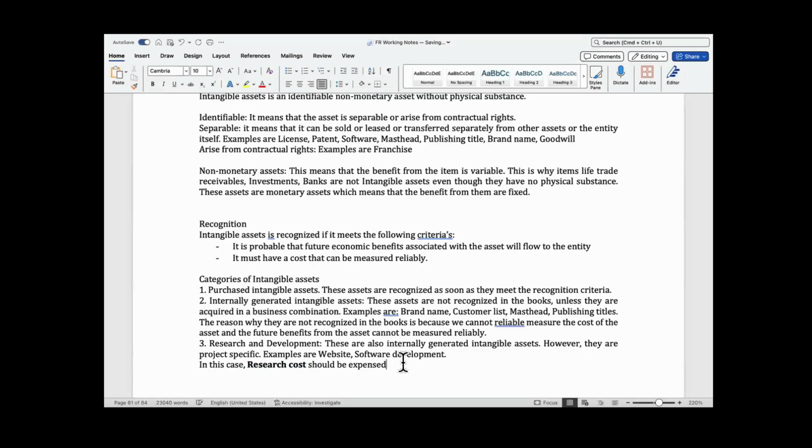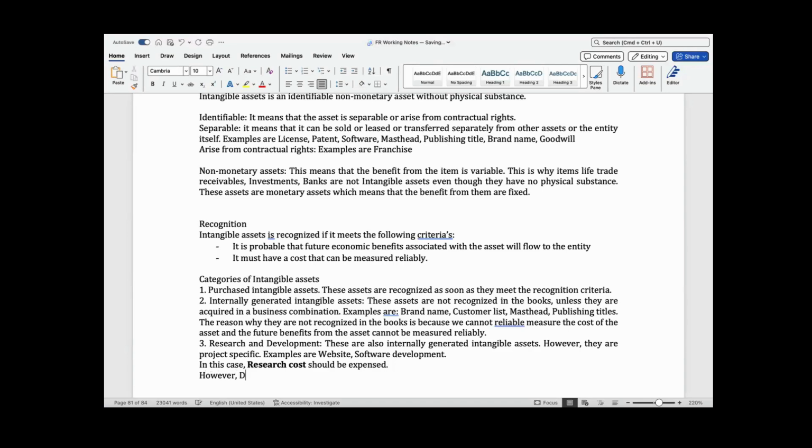And the good thing is that nobody will ask you to start defining research. But apparently, research sounds more like you're still making findings, you're still trying to understand the project, you're still at the very beginning stage, you're doing preparatory work, you have not really started designing, development, and what have you. And the future of such an item is not certain. So all of those costs are usually expensed, right?